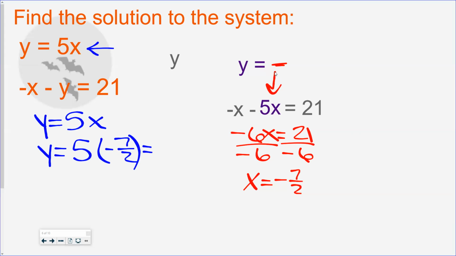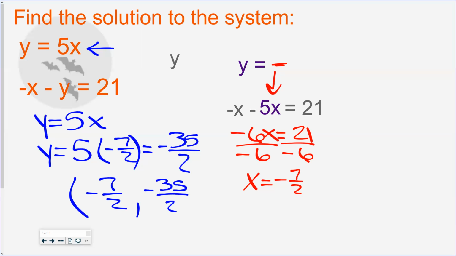When I multiply those in my calculator, it's either going to give me the decimal or it's going to give me the fraction of negative 35/2. So then my final answer is negative 7/2, comma, negative 35/2. And that's my answer.